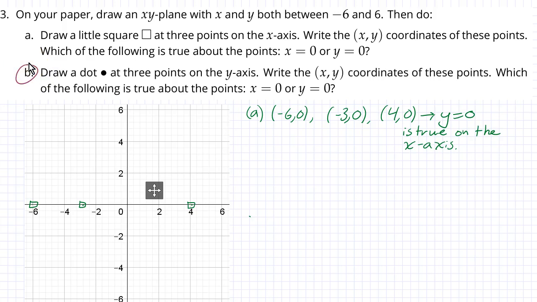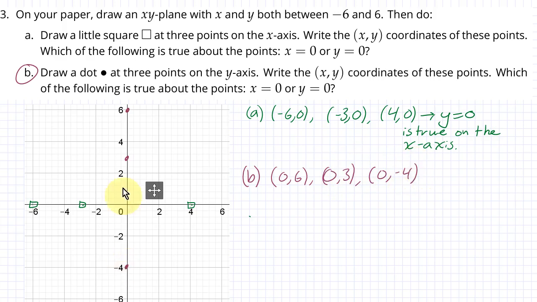Let's draw a dot at 3 points on the y-axis. Okay, so it could be 0, 6, 0, 2, 0, negative 4, 0, 3 is what I'm trying to say. Okay, so what is true about all of those points?